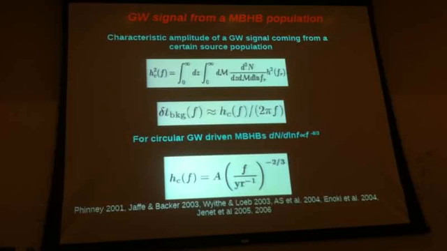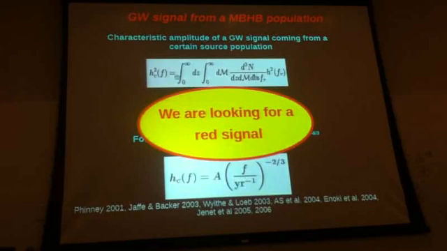But what it turns out to be is that your characteristic strain goes as a power law of f to the minus 2/3. Okay, this is the typical strain of a gravitational wave background from a population of massive black hole binaries in the universe. And the timing residual is hc over 2 pi f, roughly speaking, and so this is f to the minus 13/3. Okay, so the bottom line here is that what we're looking for is a very red signal.